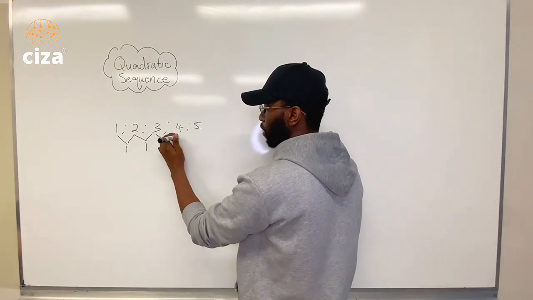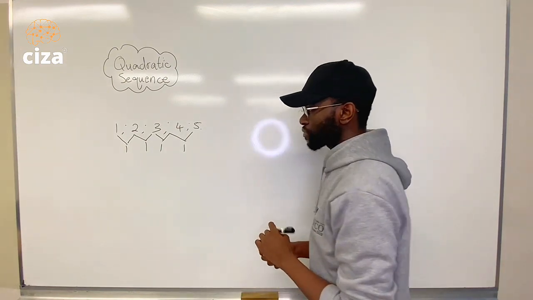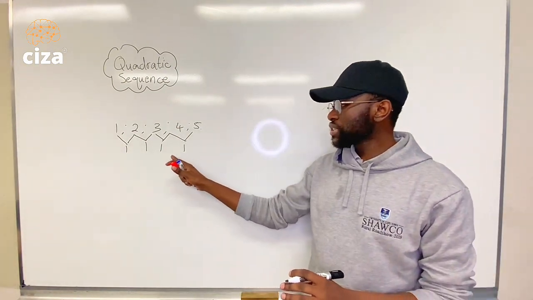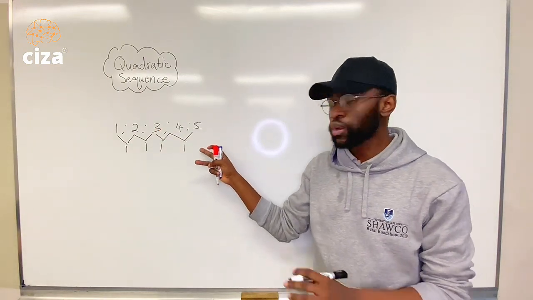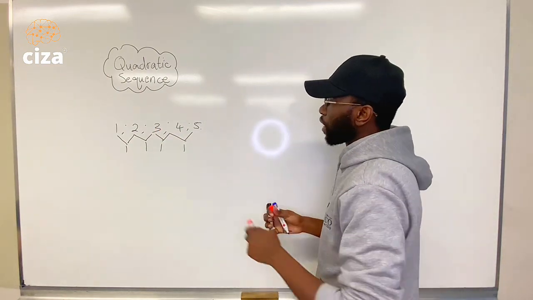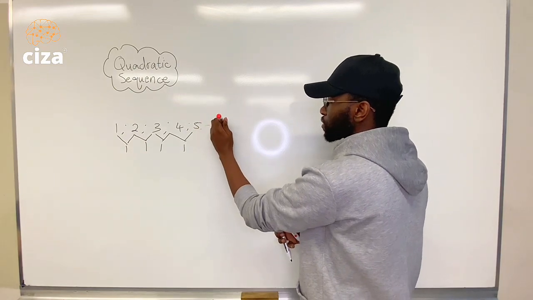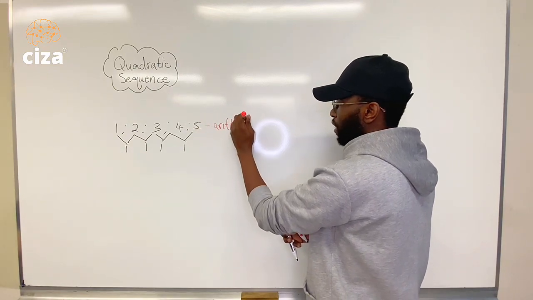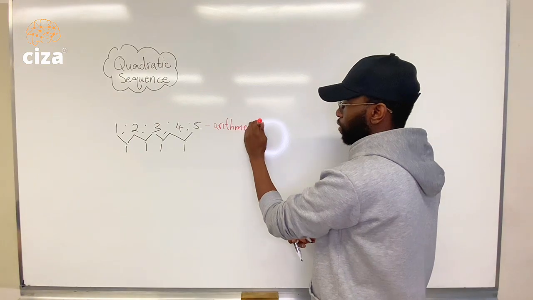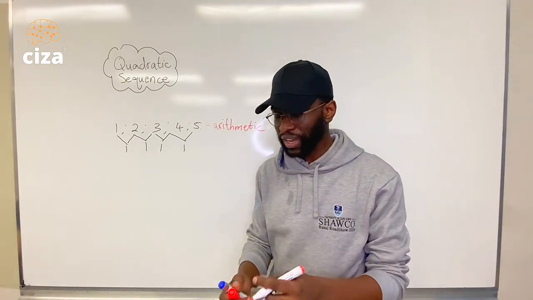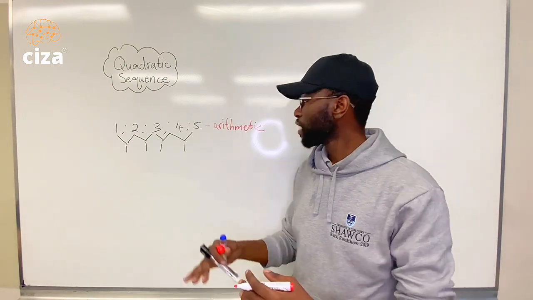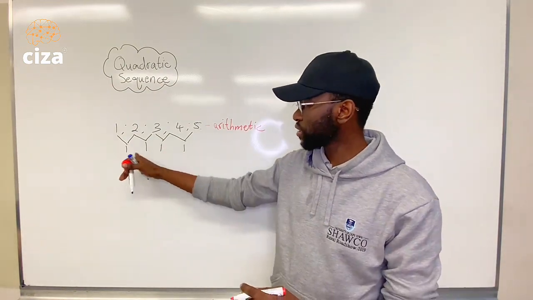And we keep going and going. Because this difference between each term is the same and is the first difference, we know that this sequence is arithmetic.